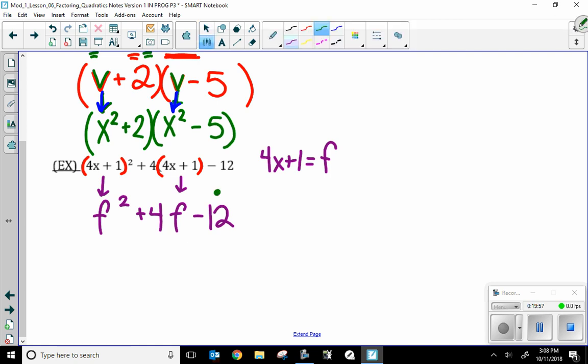Two numbers that multiply to be negative 12 that add to positive 4. And of course, I'm using f's here. In order to get a negative product, I need to multiply a positive times a negative.